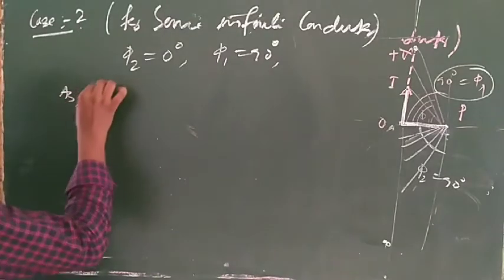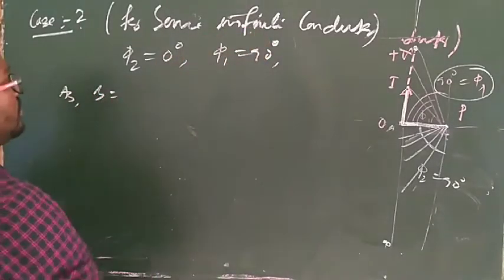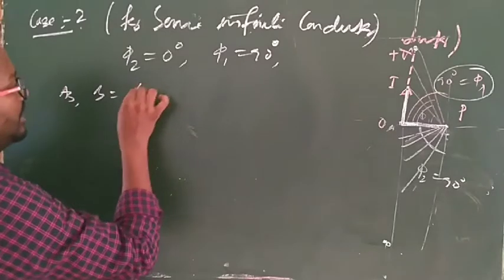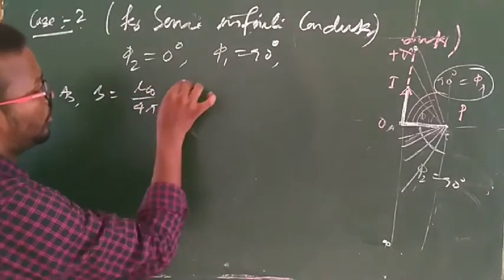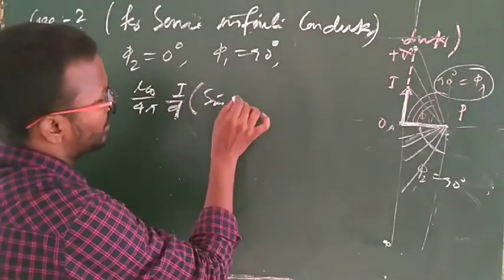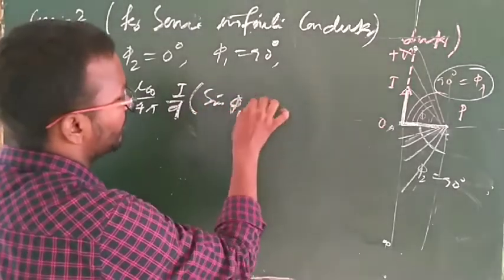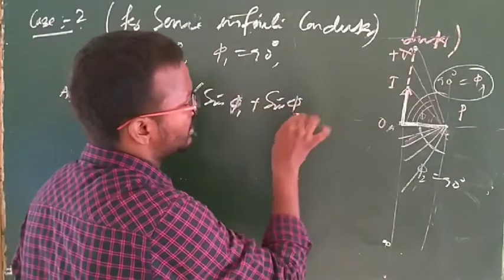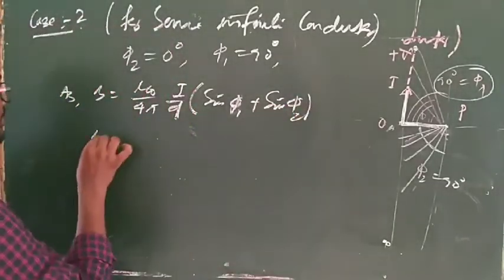The magnetic field due to a long straight conductor is the general relation mu naught by 4 pi, I by D, times sin phi 1 plus sin phi 2. Now use the values.